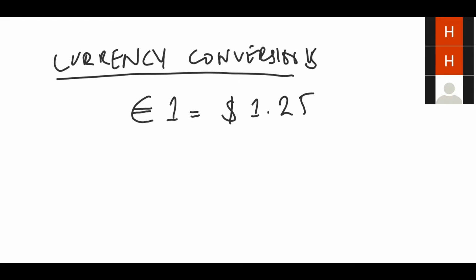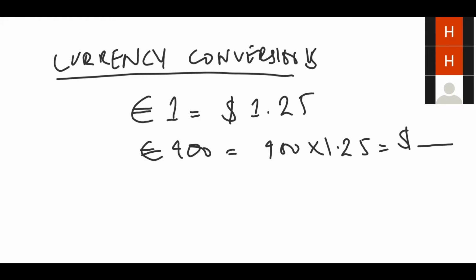So 1 euro represents 1.25 dollars. So if they say that we have to convert, for example, 400 euros into dollars, what are we going to do? We have to multiply it by 1.25. So our dollars would be 400 into 1.25, and the answer that we're going to get is the dollars.